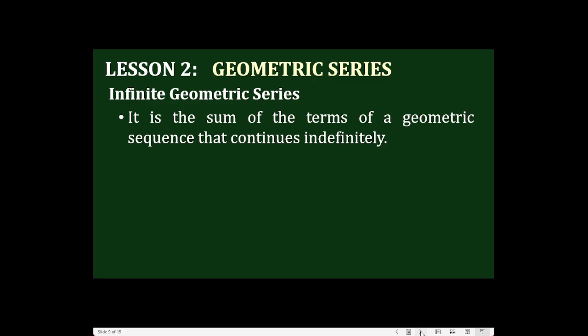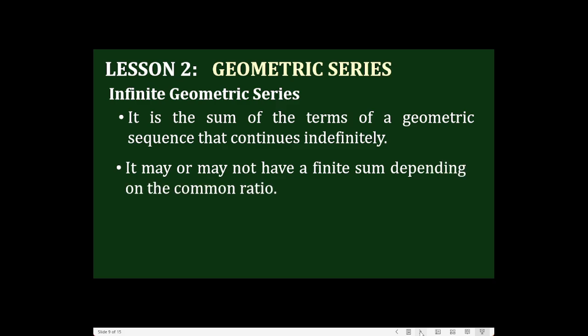It is actually the sum of the terms of a geometric sequence that continues indefinitely, meaning we cannot identify the number of terms. So there is no number of terms involved, or there is no small letter n, which is the symbol for that number of terms. It may or may not have a finite sum depending on the value of the common ratio.